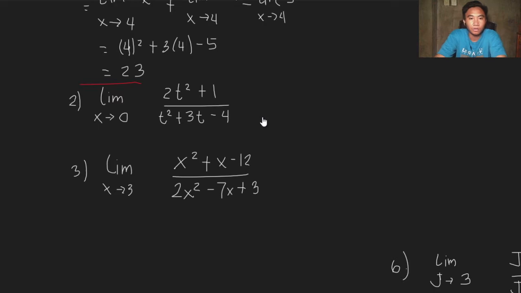So, the limit of 2t squared plus 1 all over t squared plus 3t minus 4 as t approaches to 0. So, again, substitute lang natin. So, 2 times 0 squared plus 1 all over 0 squared plus 3 times 0 minus 4.